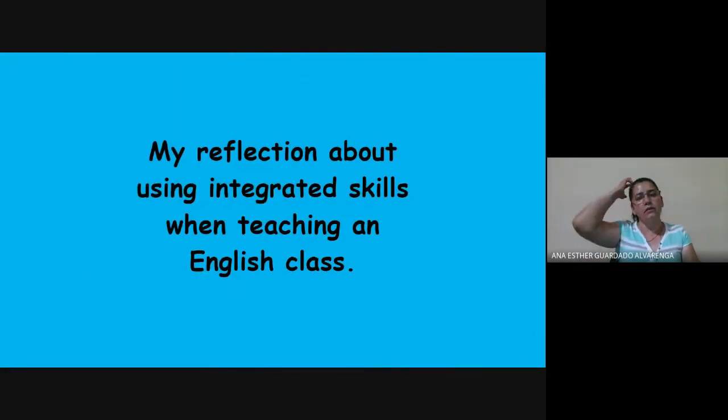My reflection about using integrated skills when teaching an English class. I consider that integrating skills can help students to improve their knowledge of English. It also allows students to have different activities in class, and they are going to get involved in all the activities because the lesson plan is designed for the whole group, not just for a specific group.